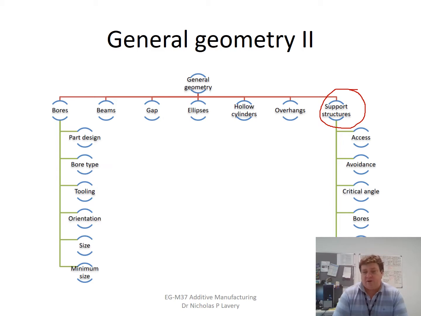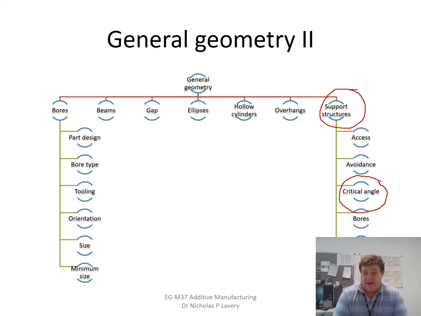The way in which supports are attached to the part is important for their removal and making sure that they don't damage the surface during the removal. This critical angle mentioned here is that 45-degree angle at which lower angles of overhangs will be critical and need support.